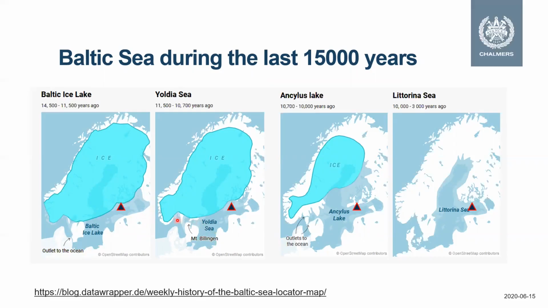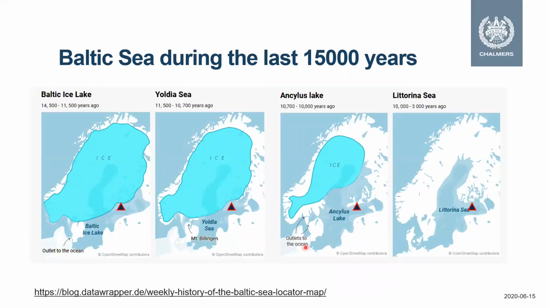In the next phase, there was a connection to the Atlantic when the water levels in the Atlantic rose again. This phase, called the Yoldia Sea, is a phase when the water was very cold and very salty, and that's when you have clay deposits with very open structures.